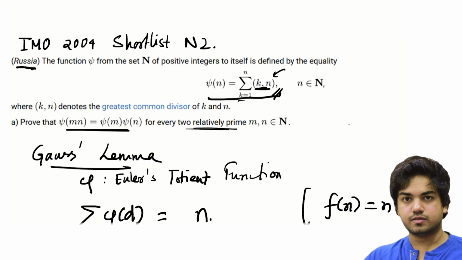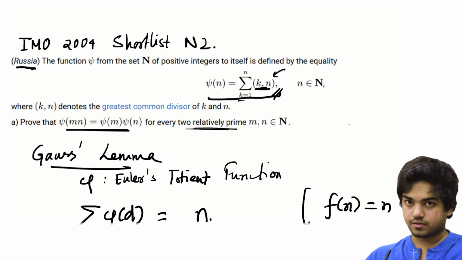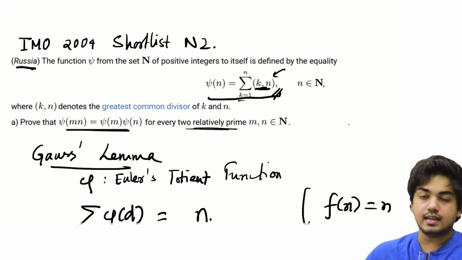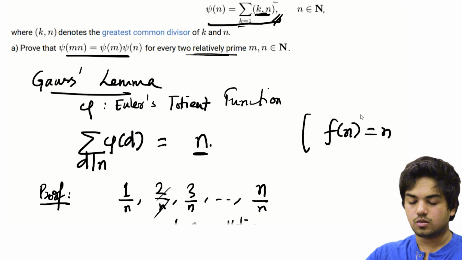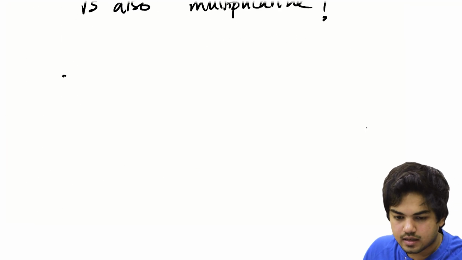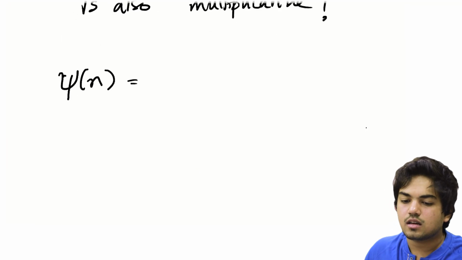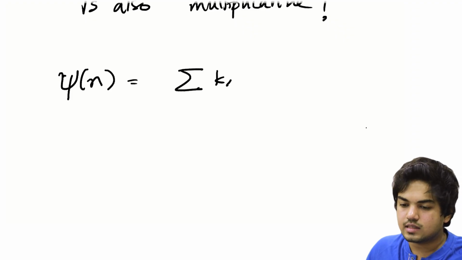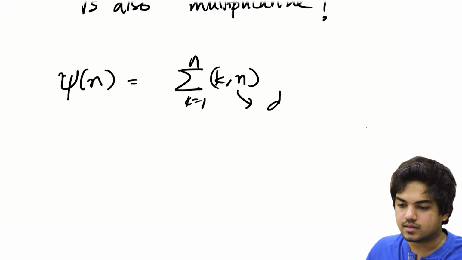They're just divisors of n, right? Because it's a common divisor of something and n, it is at the very least a divisor of n. So since I'm looking at this function c, or psi, the GCD of k and n as k runs over 1 to n, I know that this is a divisor of n.